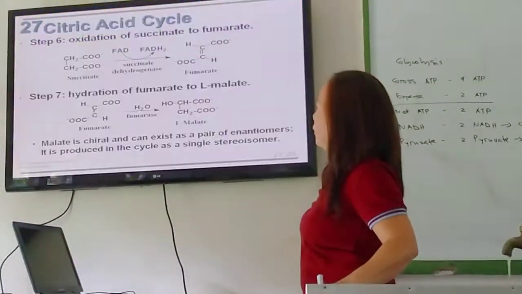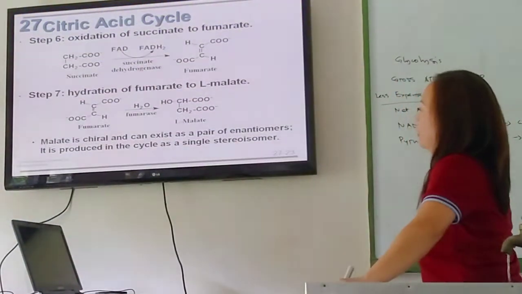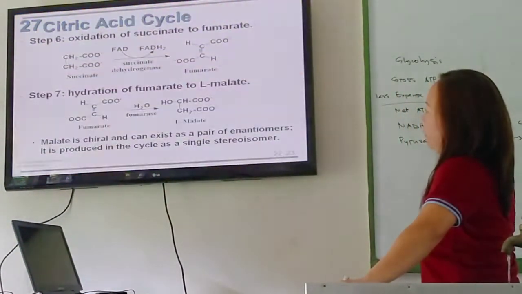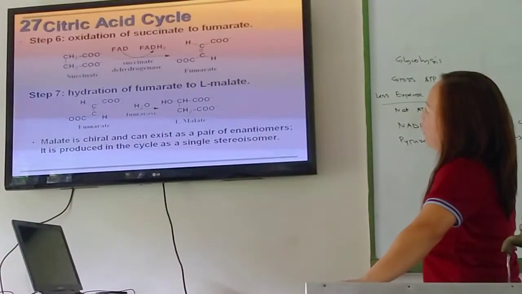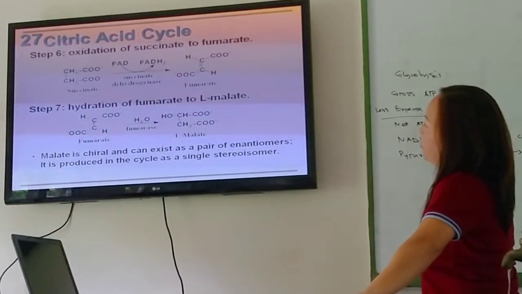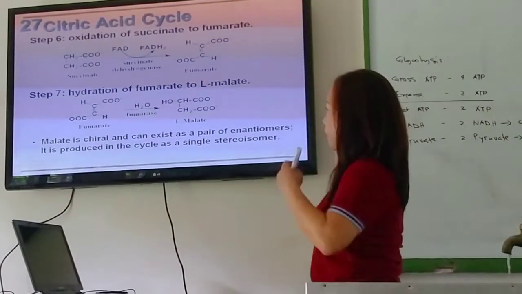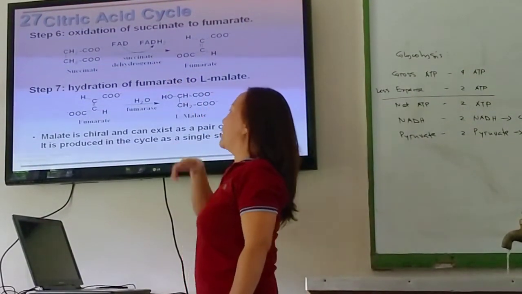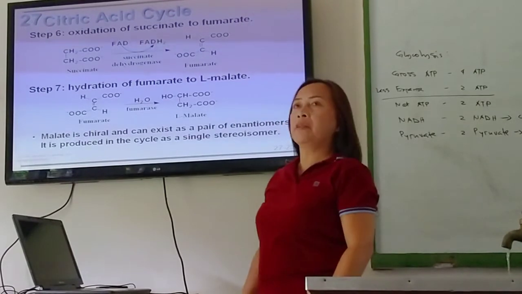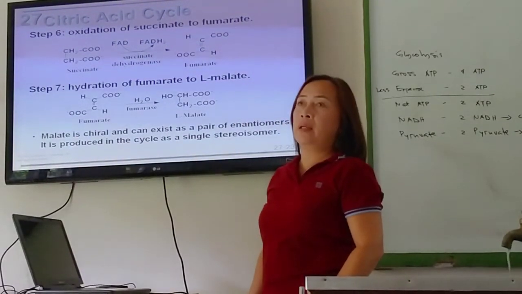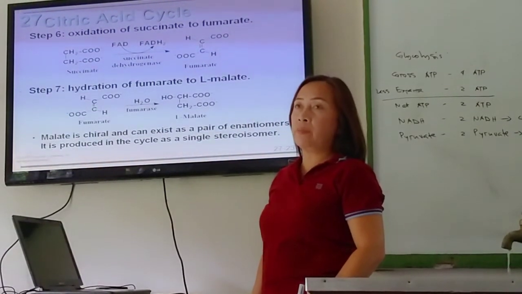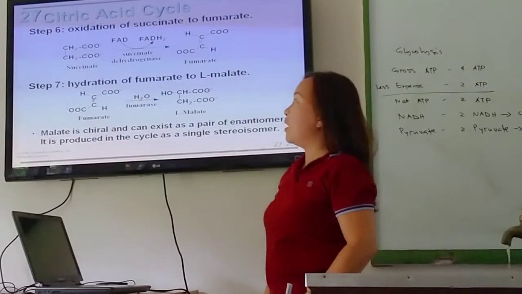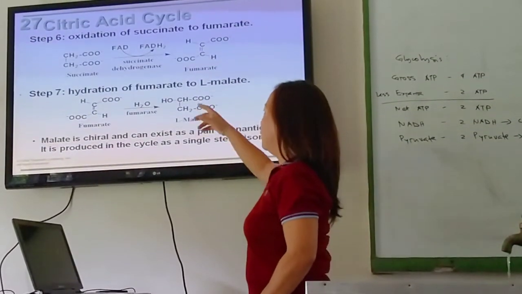Now, oxidation of succinate to fumarate. Here, you have succinate to fumarate. There is a release again of electrons. This time, the electrons are accepted by another molecule, no longer the NAD, but flavin adenine dinucleotide.